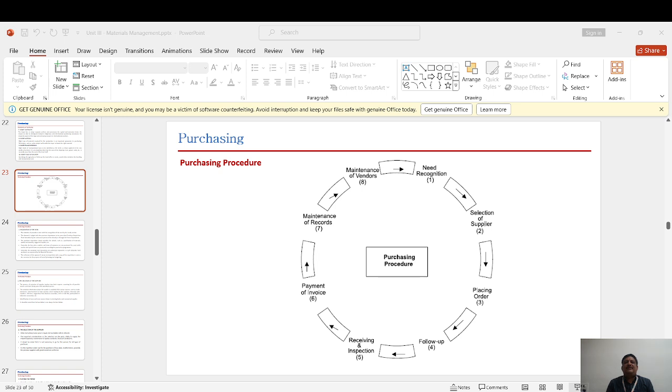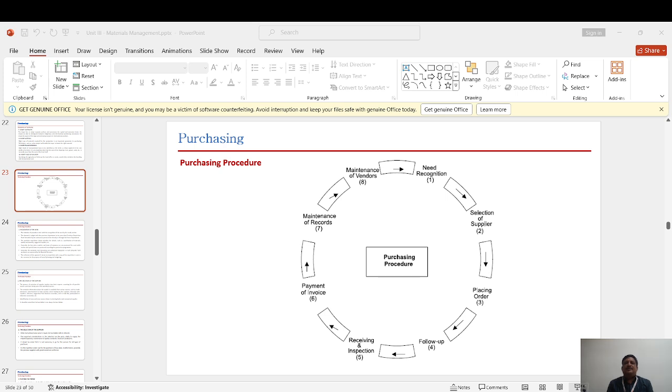The next step is the selection of the supplier. The process of selection of suppliers involves two basic aspects: searching for all possible sources and shortlisting the identified sources. We locate all possible suppliers, collect all the information, and then select one.